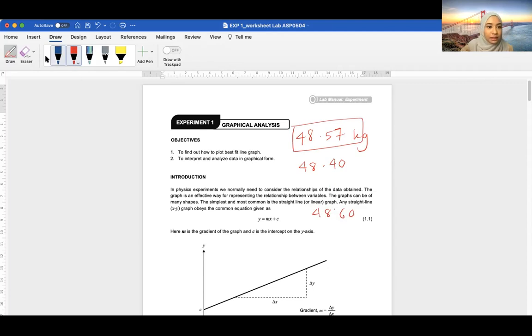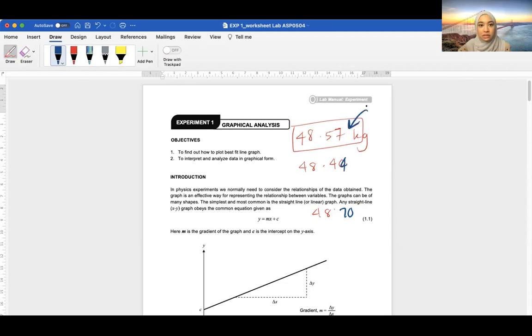Dia tak tally lah pula, kejap. 13, 7 lah, 70. 1, kejap 60, 70. 1, 3. So this becomes 4, 4, 4. Okay, betul good. So my weight fluctuates from 48.44 to 48.70.